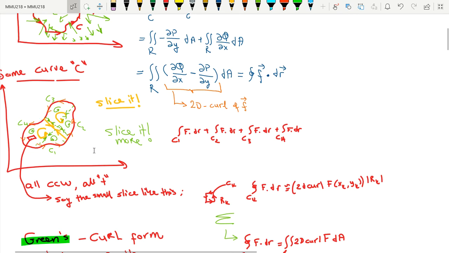I could slice it more. I could divide it into 4, for example. The result doesn't change. In all of the branches that I'm rotating individually, I have opposing vectors that would cancel out each other. So even if I slice it into 4, the result will be rotating around the curve itself. The details are going to be canceled out.